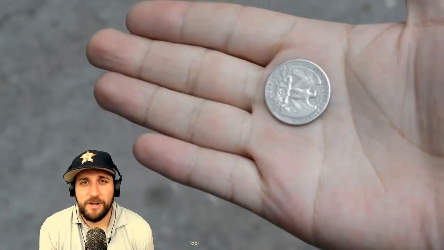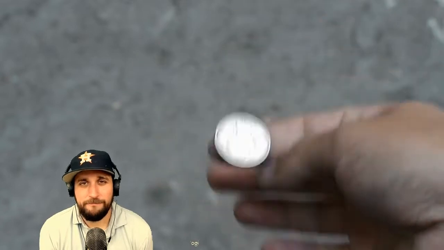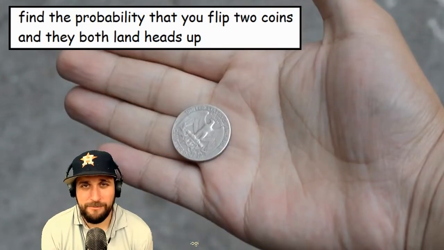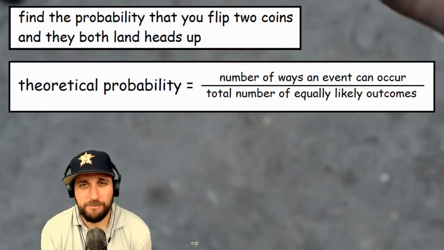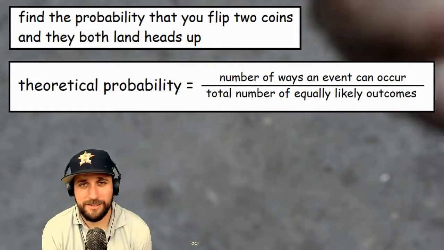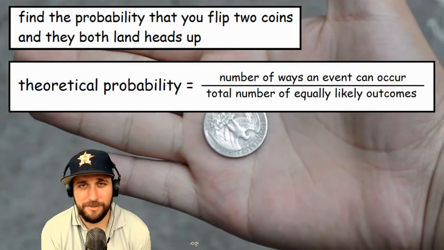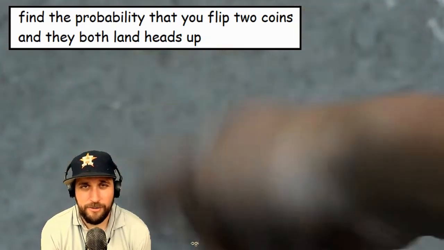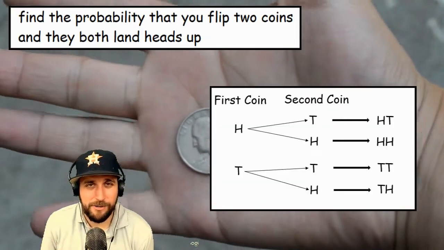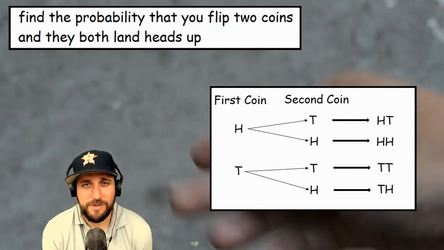So suppose an experiment involves flipping two coins, and we want to find the theoretical probability that we get heads both times. Theoretical probability, we remember, is the number of ways an event can happen over the total number of equally likely outcomes. So if we remember our notes from theoretical probability, when we flip two coins, we get four outcomes.